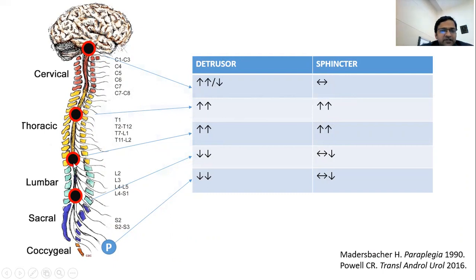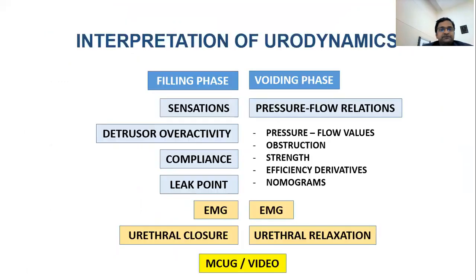Any lesion which is above the third point will lead to detrusor overactivity as well as coordinated internal but non-coordinated external sphincter. Any lesion which damages the S2, S3, S4, whether it is within the spine or outside the spine, will markedly reduce the detrusor activity, and it will also cause sphincters to be partially tight, partially relaxed, and non-responsive.